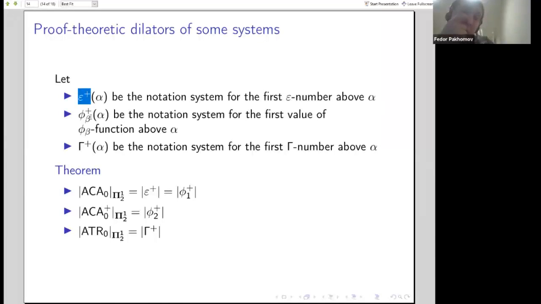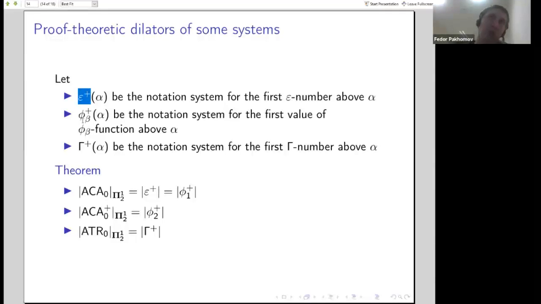Next, we have this notation system for Veblen functions. So we have these operators phi beta plus.